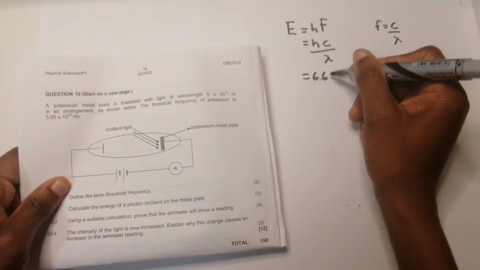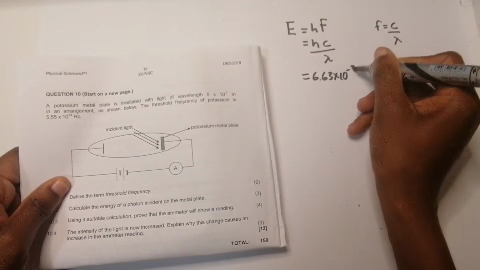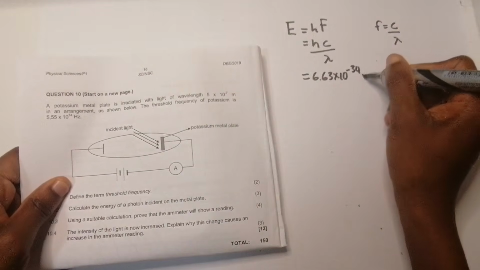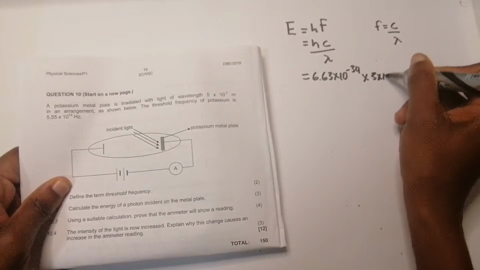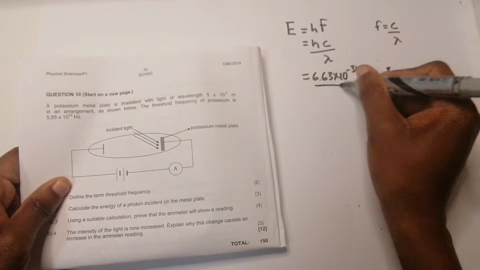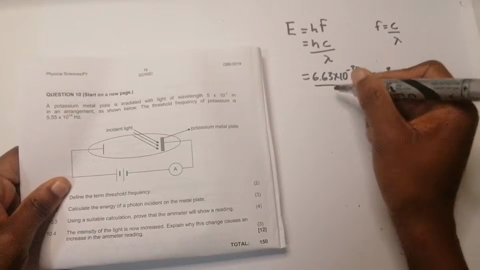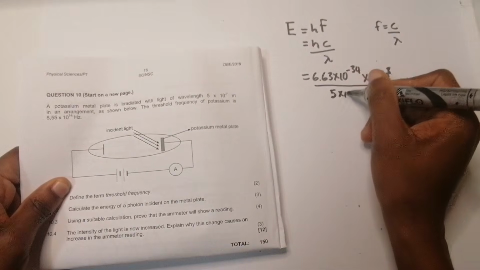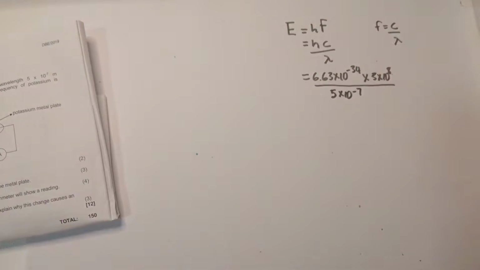That's 6.63 times 10 to the minus 34, multiplied by our c value, 3 times 10 to the power 8, divided by our wavelength given in the question, 5 times 10 to the minus 7. And all that we need to do is just calculate.